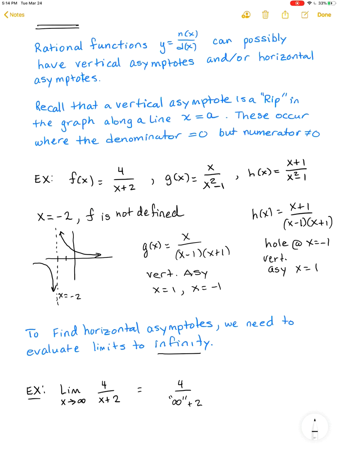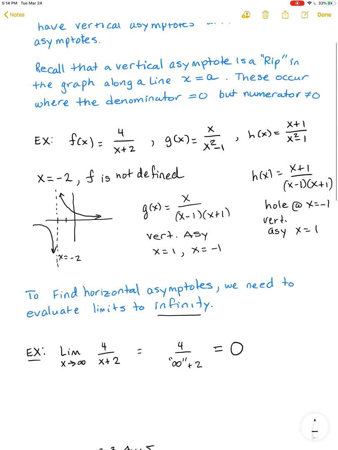So the bottom is really big. Divide that into 4. I can make that as close to 0 as I want. So this limit goes to 0. That means the function f of x is equal to 4 over x plus 2 has a horizontal asymptote of y is equal to 0.